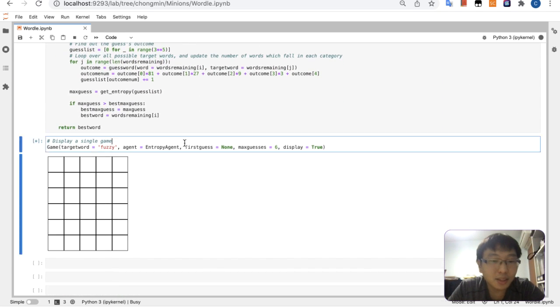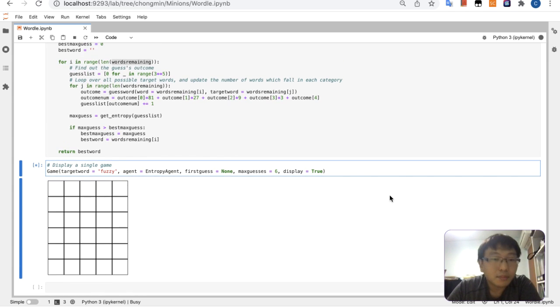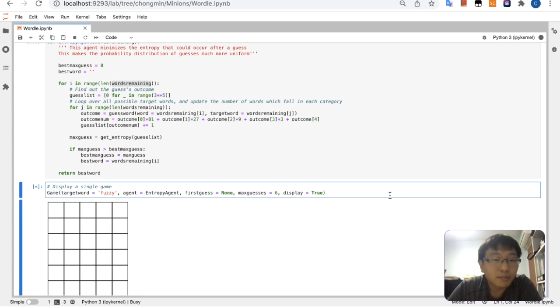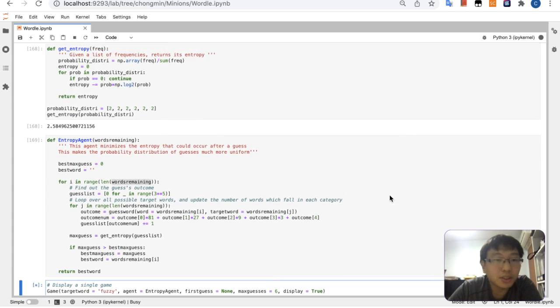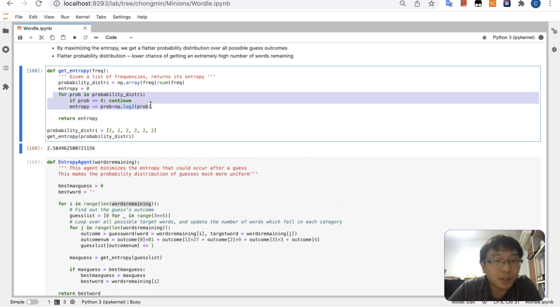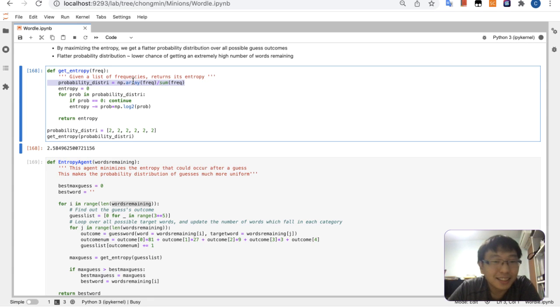Okay, but let us see what the entropy agent gives us as our starting word. I'm quite curious to see what is the starting word that they will give us for this. It's sure taking a long time because I guess for this entropy distribution I need to divide by the total number here and then do this.